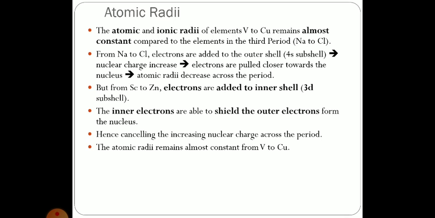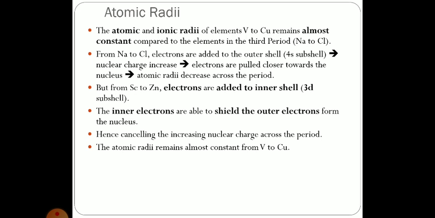Now students, we will come to the next point, that is atomic radii. The atomic and ionic radii of elements from vanadium to copper remain almost constant as compared to the elements in the third period, sodium to chlorine.